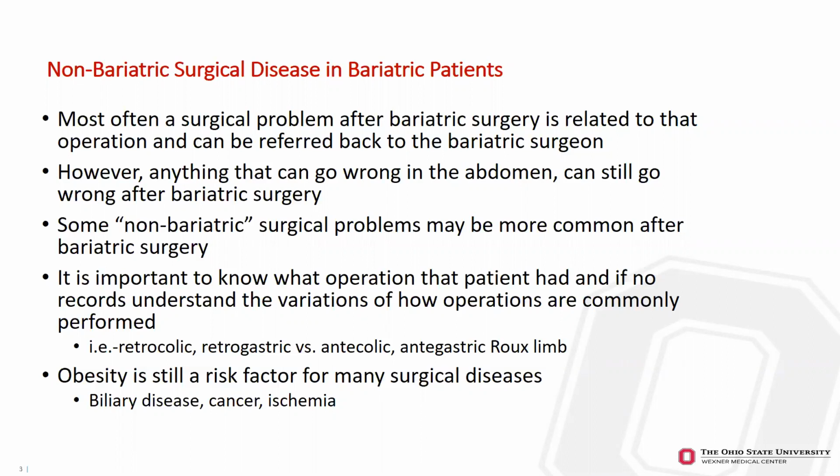It can be confusing sometimes when you're in there trying to figure out the anatomy, not knowing that the Roux limb can be posterior to the remnant stomach or colon, and not even think that they've had a bariatric operation just based on that anatomy. So it definitely is important to understand those variations and what can go wrong with them.